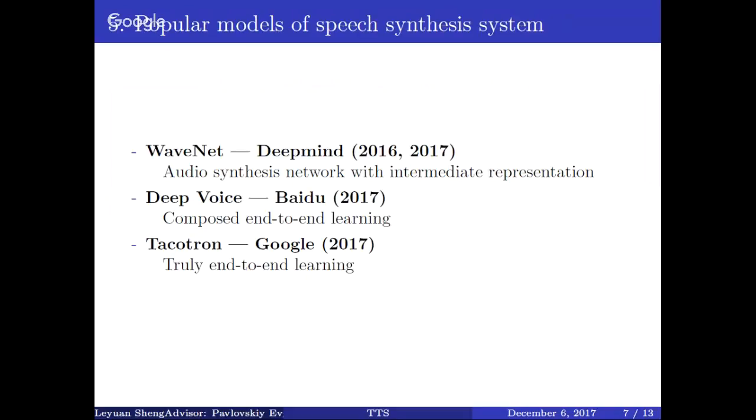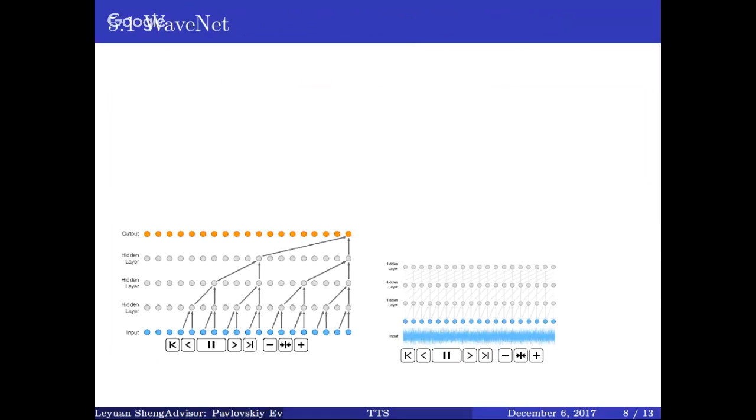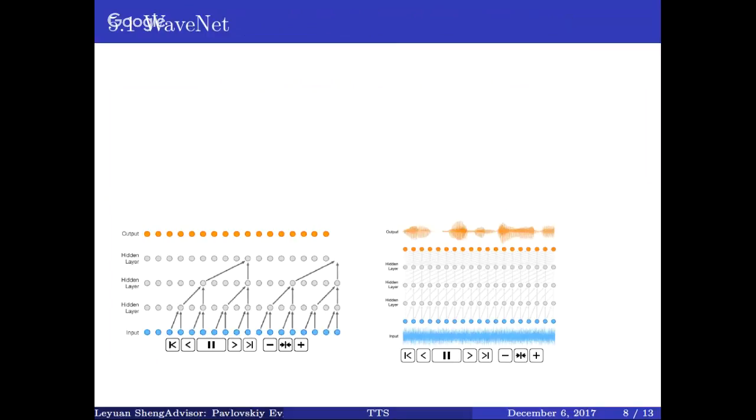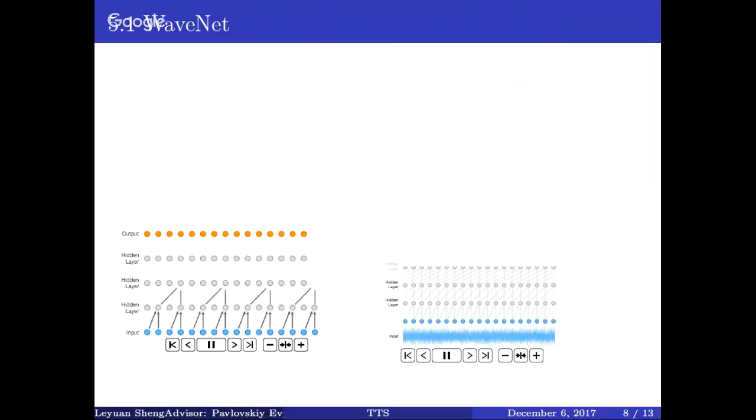These are the popular models of speech synthesis systems. The first is WaveNet, the second is Deep Voice, and the third is Tacotron. This is WaveNet. It has residual and skip connections, and it has a very large receptive field.